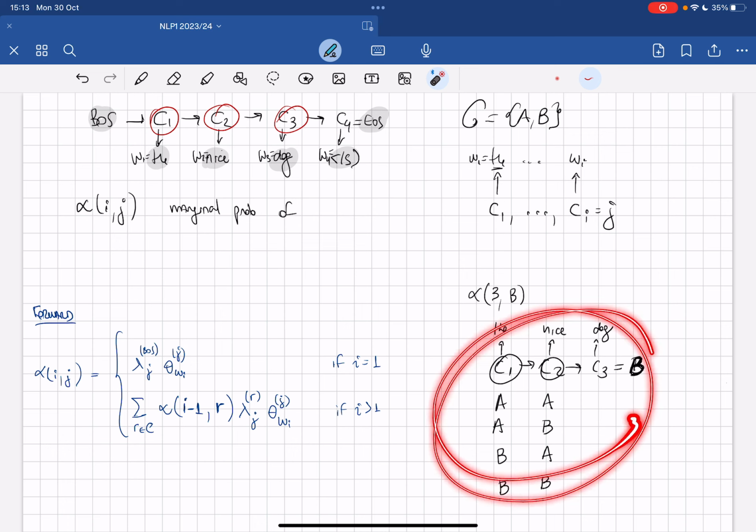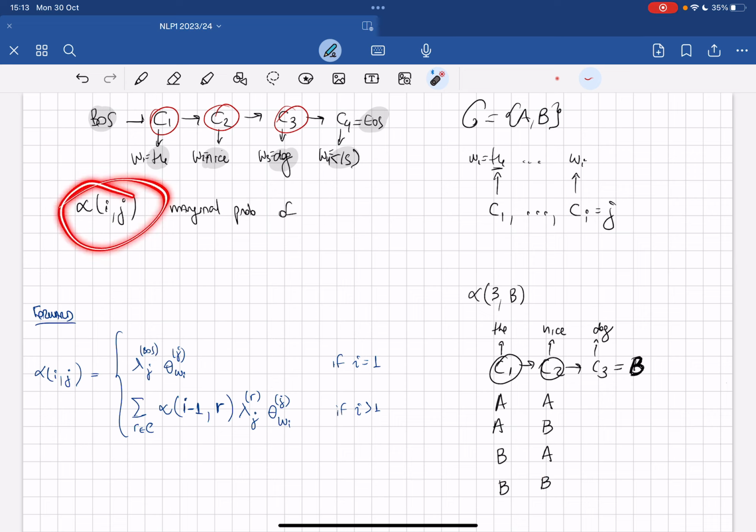That quantity, the marginal probability, is what we're going to store in this symbol, alpha ij.